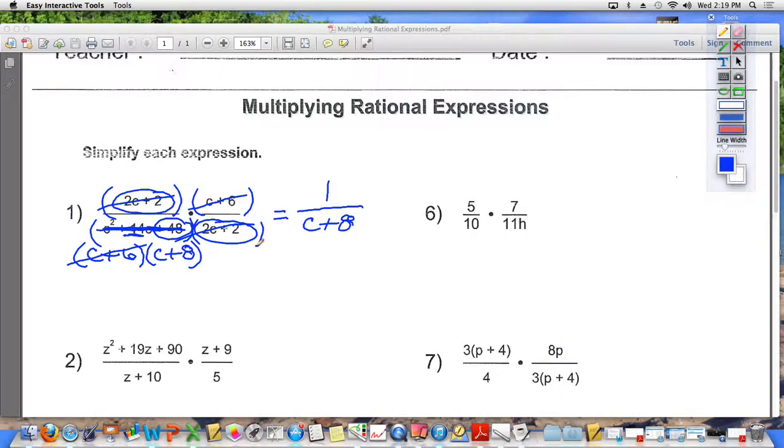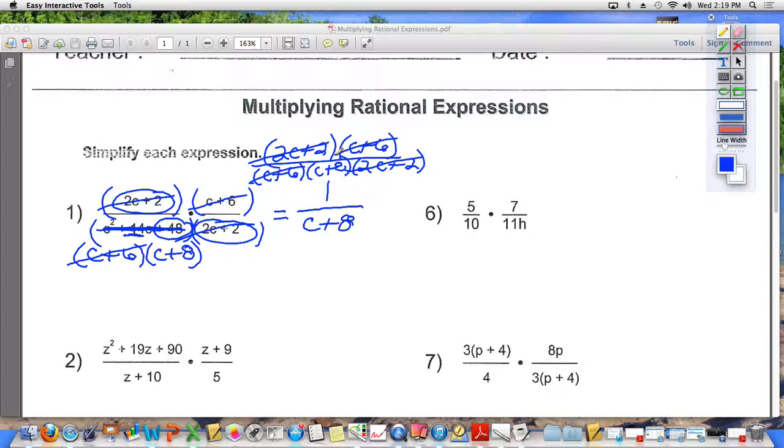So really, they all become one expression. What this really becomes is 2c plus 2 times c plus 6. And then on the bottom, we end up with a c plus 6 and a c plus 8 times a 2c plus 2. And the 2c plus 2's cancel out, because it's really all one thing. Then the c plus 6's cancel out, and you're left with the c plus 8 on the bottom.